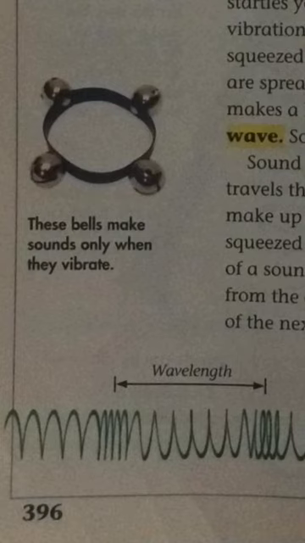So sound which travels in the form of waves has two parts, one squeezed together and one apart from each other. So these are the two parts of the wave, and the distance between one squeezed portion to another or one apart portion to another is known as the wavelength, as you can all see.